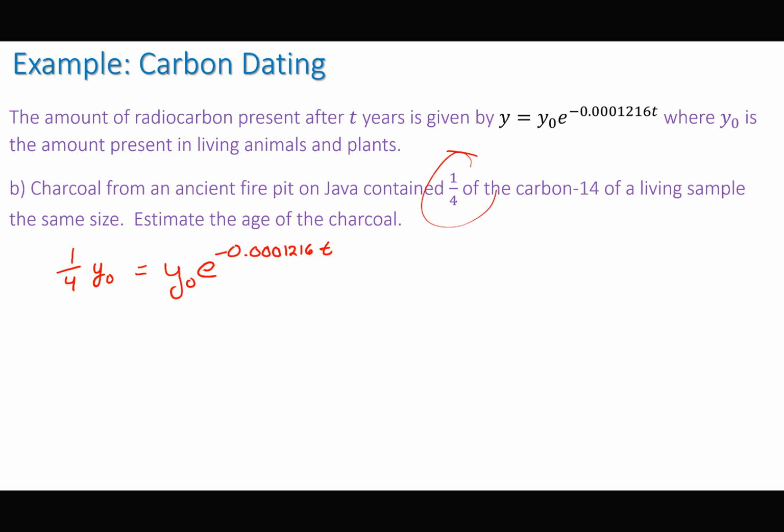So it's 1/4 of y sub 0. Then again, we're going to solve the same way. y sub 0 divided by y sub 0 is 1, so we don't have to worry about that. Should be getting comfortable now. We know we're going to take natural logs.